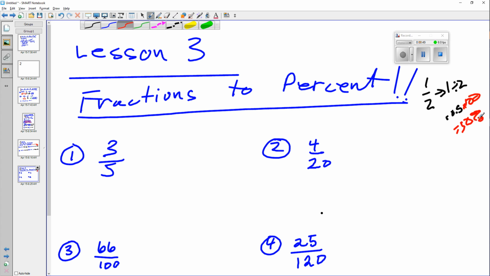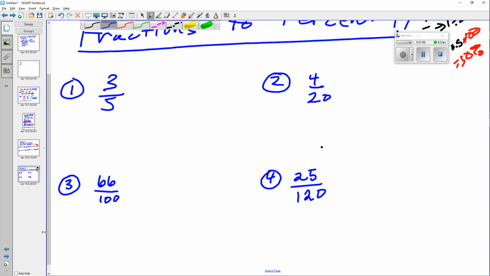So now let's do that same thing to this. Let's take a look at question number 1. We start with 3 over 5. When we have 3 over 5, we're going to turn it into a percentage.